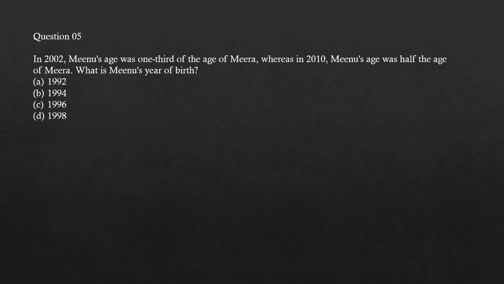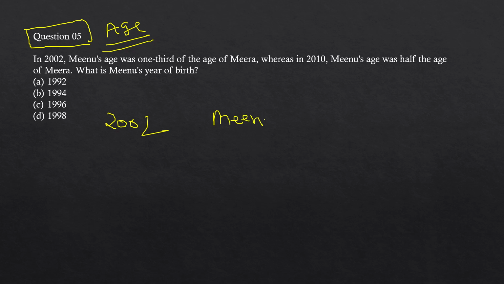Now the final question of the day, question number 5, which is based on age. In 2002, Minu's age was 1/3 the age of Mira. So there are two persons, Minu and Mira, whereas in 2010, Minu's age was half the age of Mira.